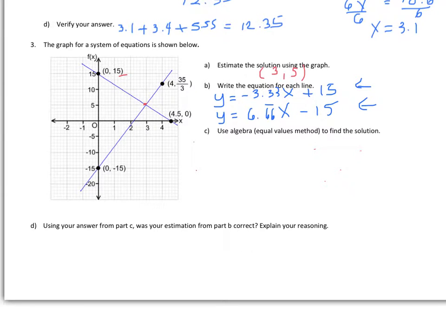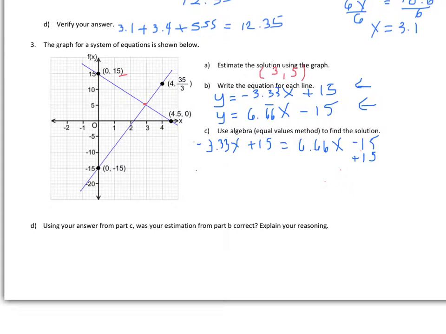So I would get something like negative 3.33x plus 15 equals 6.66x minus 15. Well, I have more x's on the right, more numbers on the left, so that's what I'm going to do. I'm going to put my numbers on the left and my x's on the right.